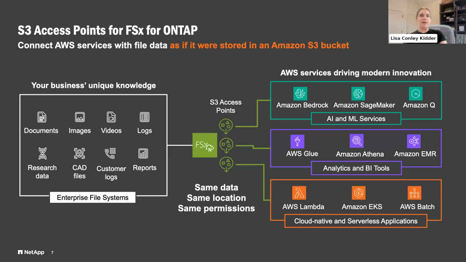A lot of that additional risk and challenge that comes with changing data types goes away, because the data that sits in FSx for NetApp ONTAP, stored as files just like it always has been, is now seen as if it were S3 and is now usable by the Amazon services that require S3 data. So that change of what the data looks like from its native habitat no longer has to be confused or changed or put at risk.